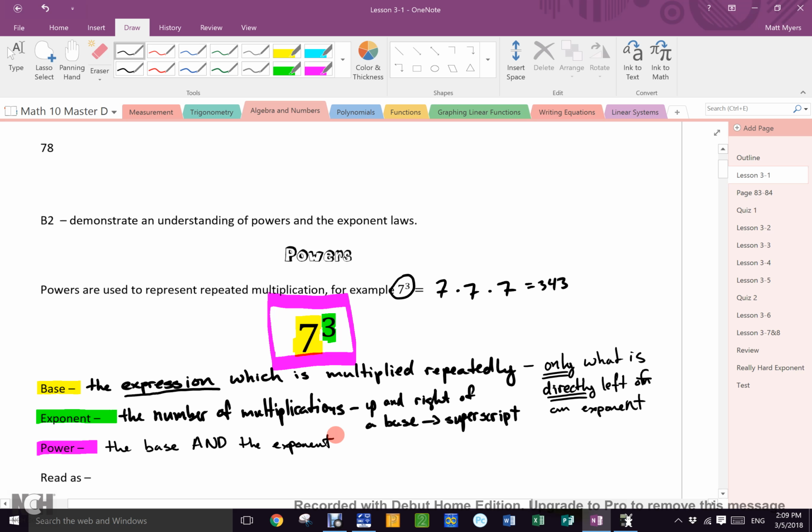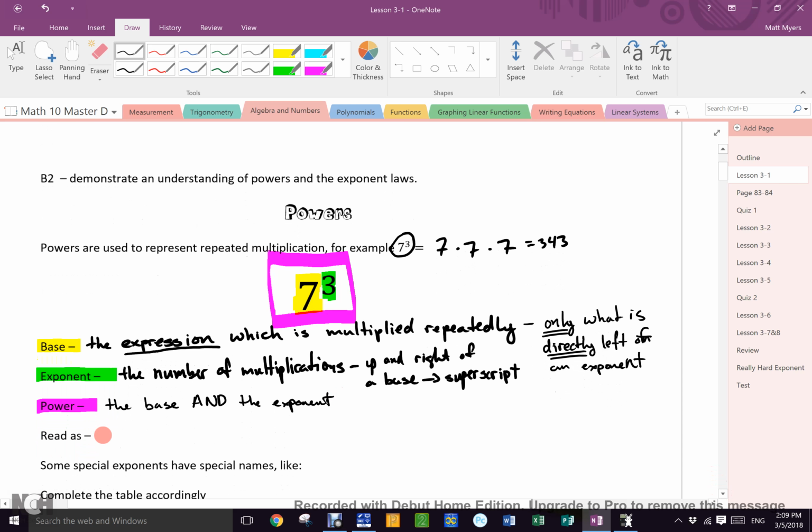And how do we read it? It's base to the number exponent. So in this case, you all know this already, it is 7 to the third. Everybody cool? None of that's new to anyone, right?